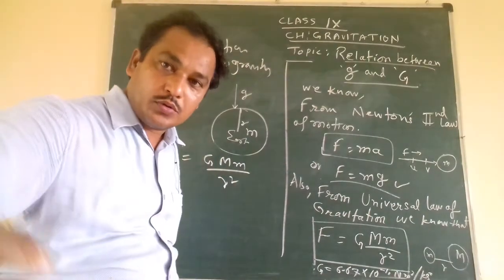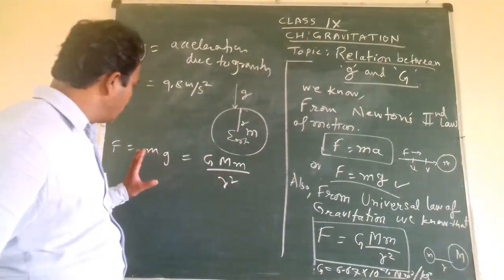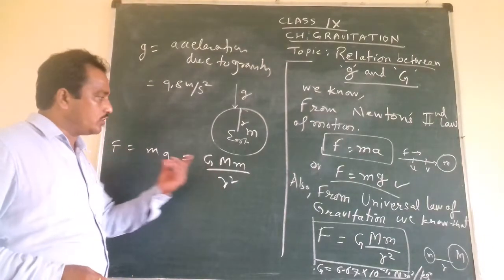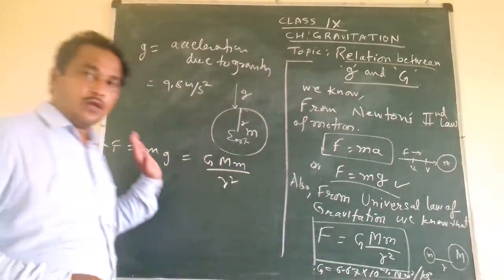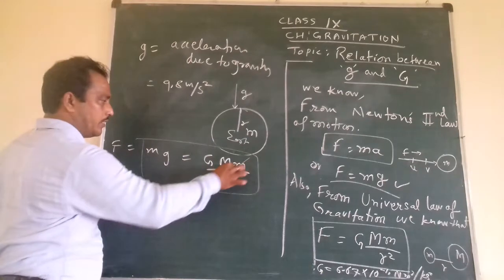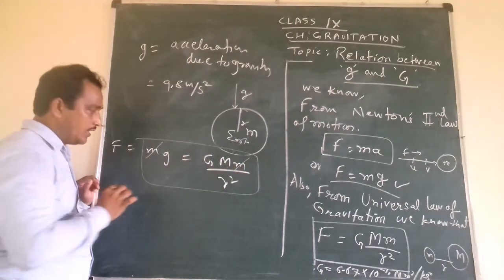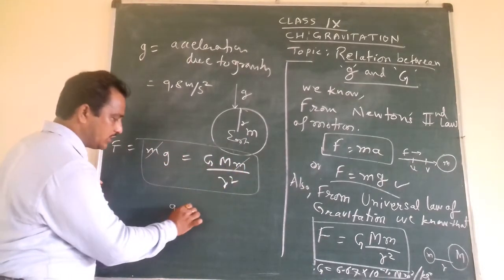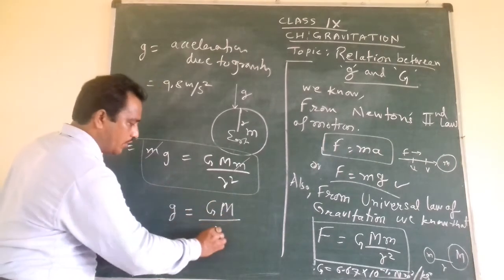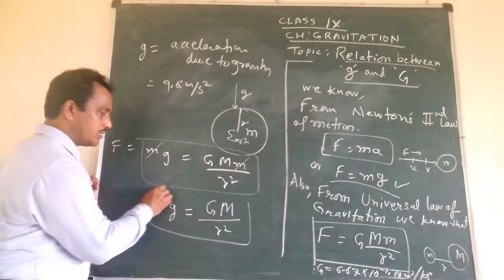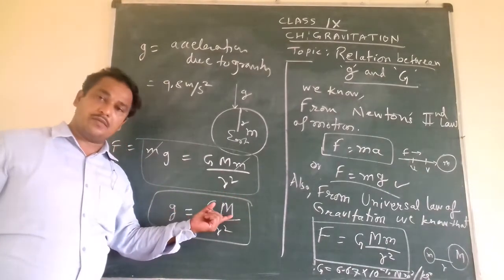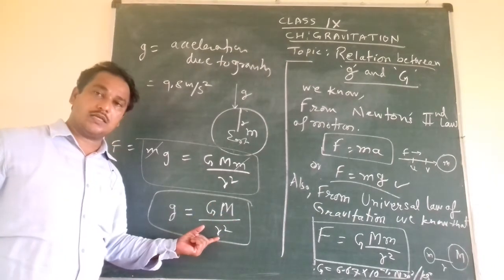By equating these, what will we get? The small m gets cancelled, and we get the relation small g is equal to G M upon r square. So this is the required relation between small g and capital G, where M is the mass of the object and r is the radius of the object.